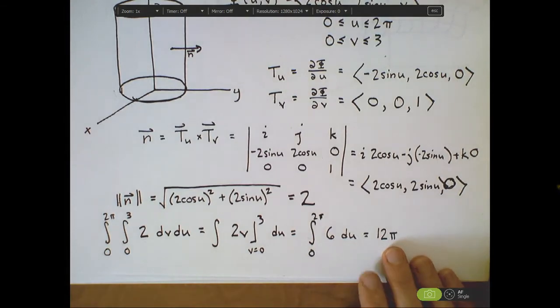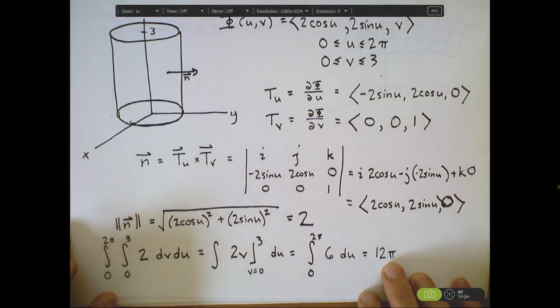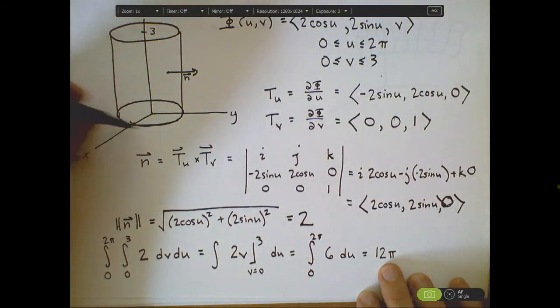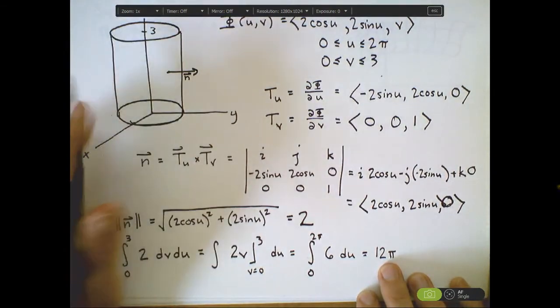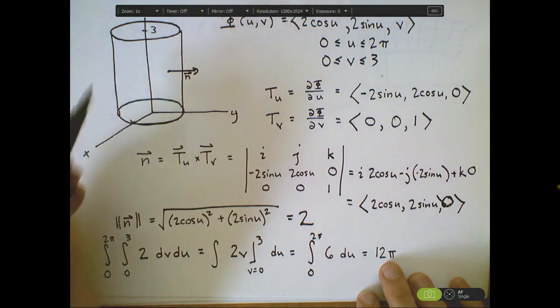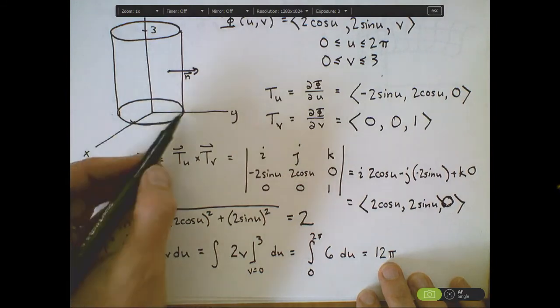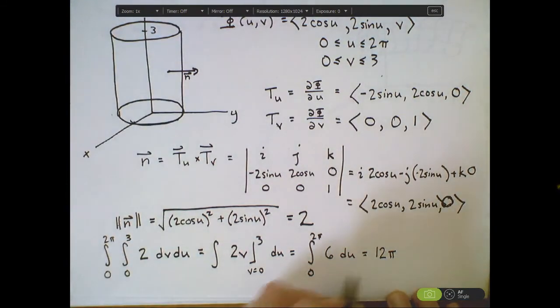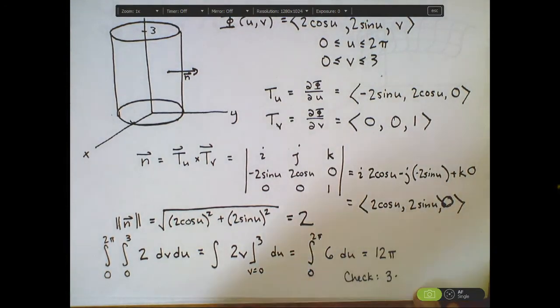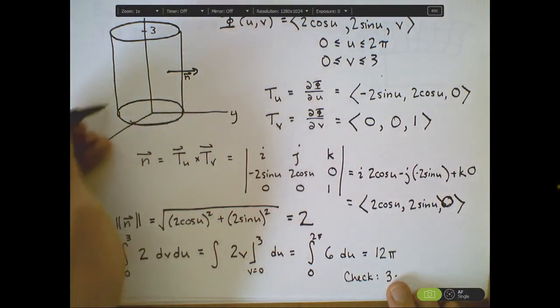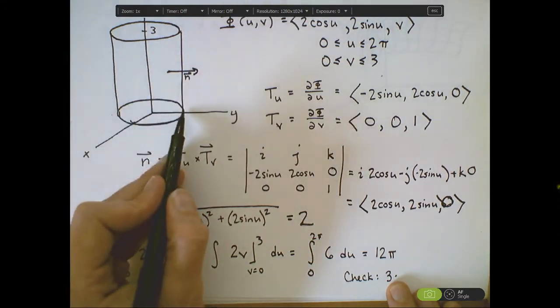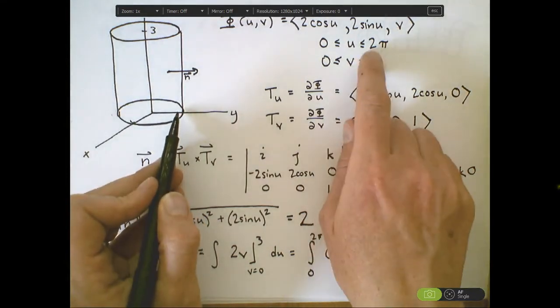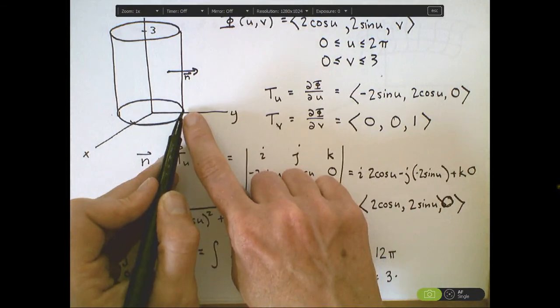And we can check this. Let's check with what we know about geometry. What do we expect the surface area of the exterior of this roll of a cylinder to be? We think it should be base times height. In this case, the height is 3. So I'm checking. It should be 3, which is the height, times the circumference here, which is 2 times pi times r, right?